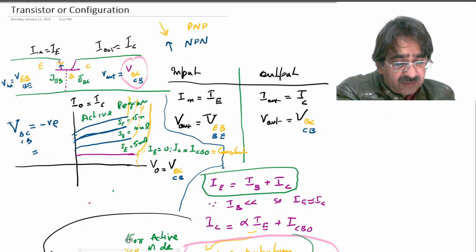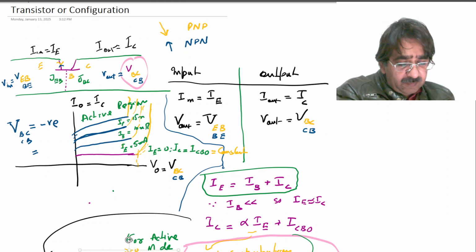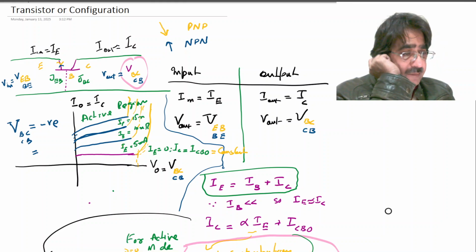So negative means inverse, not negative. I must say that negative means inverse.